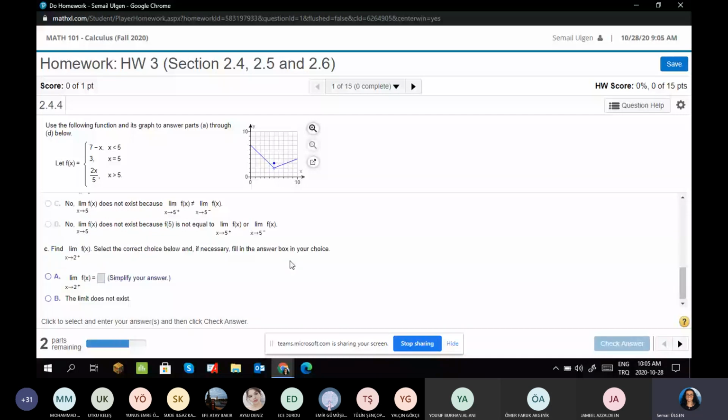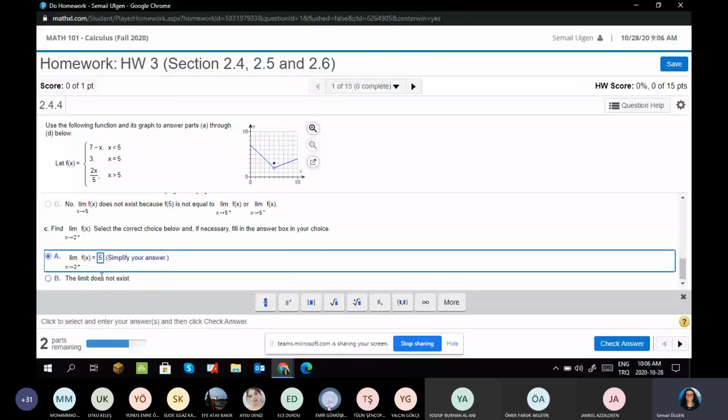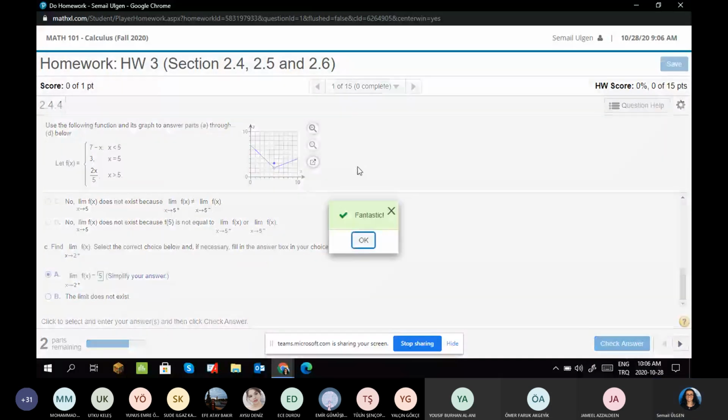And then find the right limit as x approaches 2. Select the correct choice below. Okay, let's open up. This is 2. What is the limit if you approach from the right? At 2, it is 5, obviously. This is easy. These questions are easy.